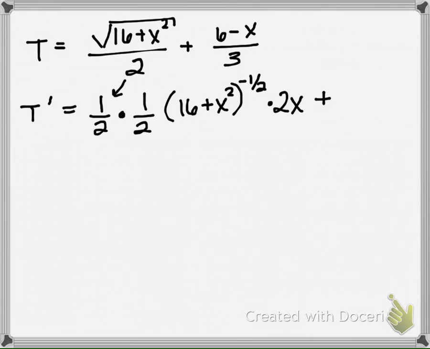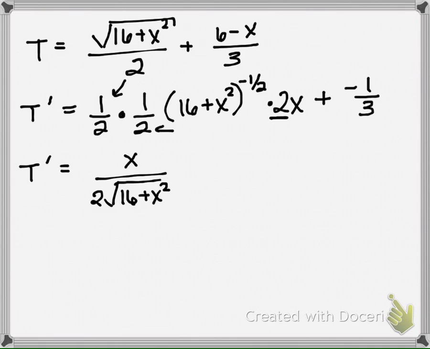Plus, now we take the derivative of 6 minus x over 3, and we should get negative 1/3. So let's clean this up a little bit. We get t prime equals the 2 and one of these 2's is going to cancel, so we should get x over 2 times the square root of 16 plus x squared minus 1/3.